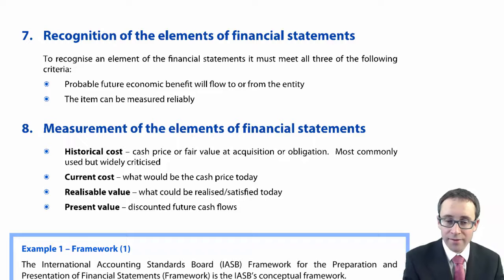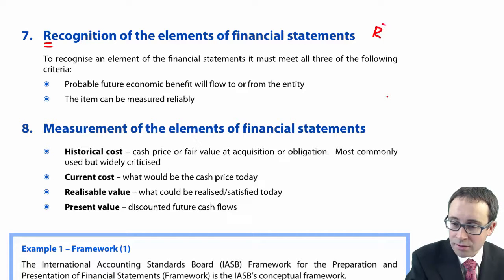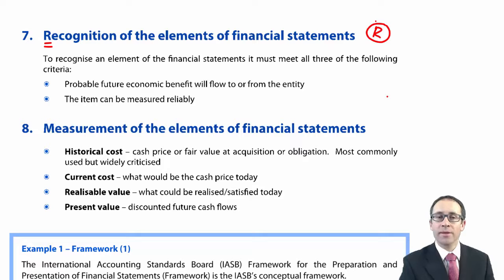Then what you have is the recognition. This is very important, particularly when it comes to looking at intangibles later on within the syllabus, because a transaction may meet the definition of an asset, but in order to record the value of the asset, it needs to meet the recognition criteria.